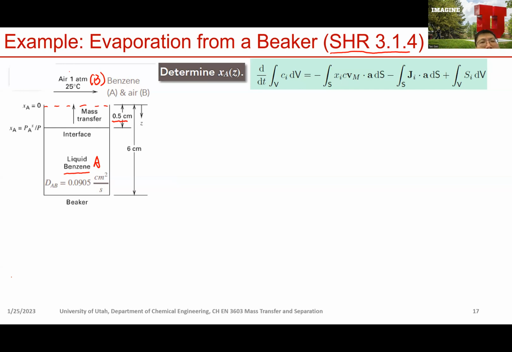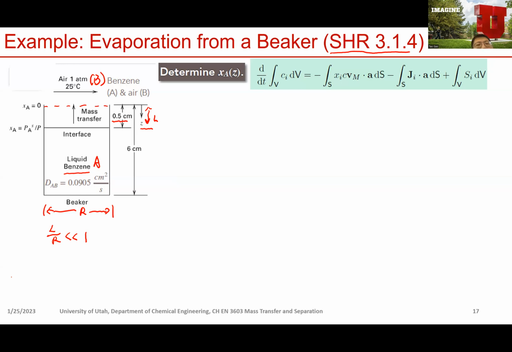Okay. Then the distance from the liquid surface to the mouth of the beaker, 0.5 centimeter, is much smaller, right? This is your delta, your L here. If, let's say, the size of the beaker is R, and L is much smaller than R, then we can make a fairly reasonable assumption that we can simplify this problem to a 1D diffusion problem, right?